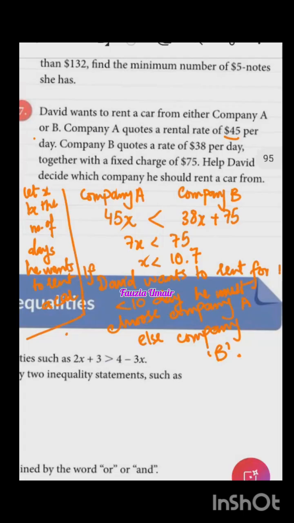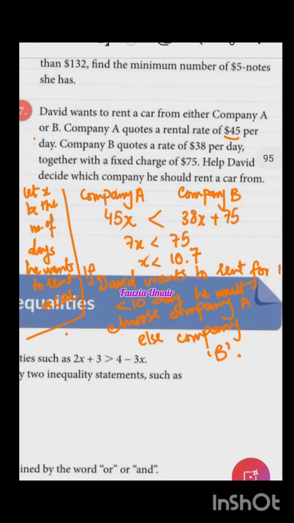He will just have to pay $90. Again, on the other side, just look at company B. Company B is taking less money per day, $38, but they have a fixed deposit that is $75. So company A is a better choice if he wants to rent for fewer days.